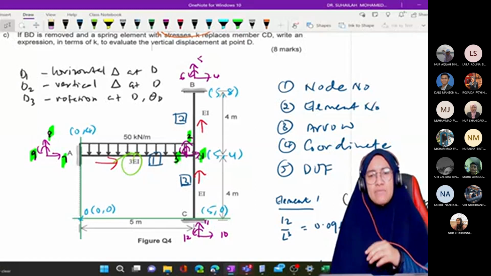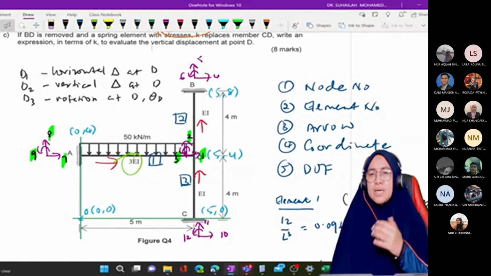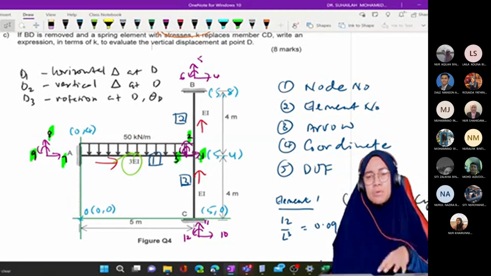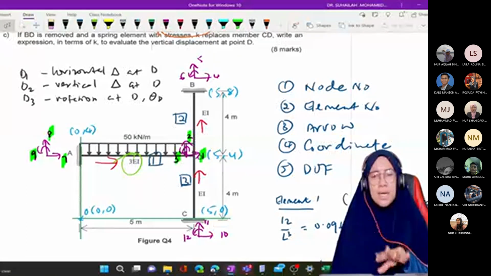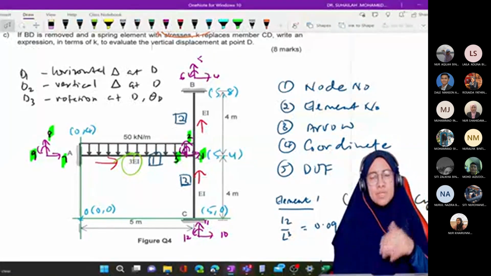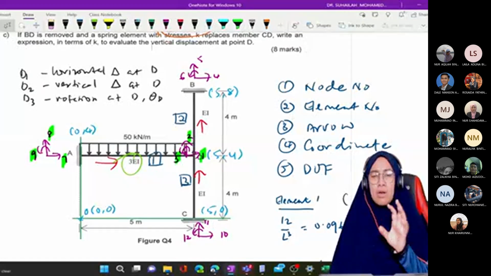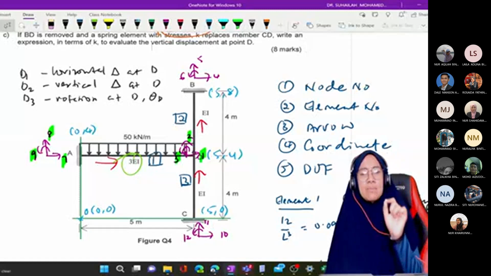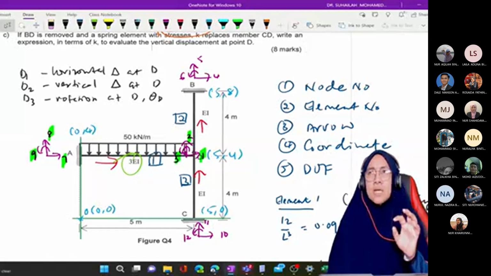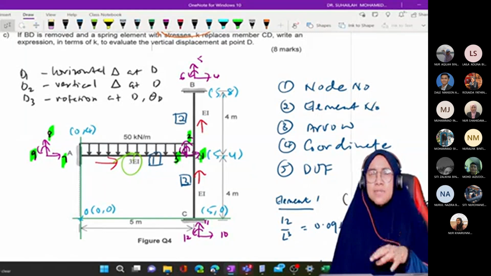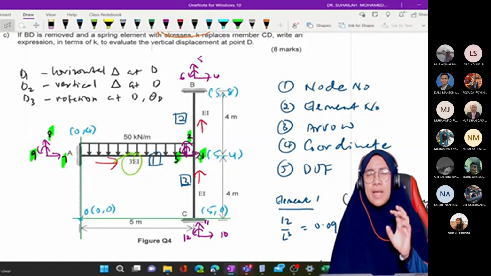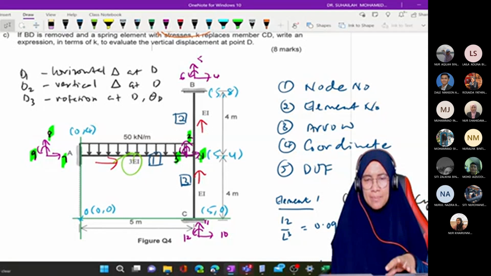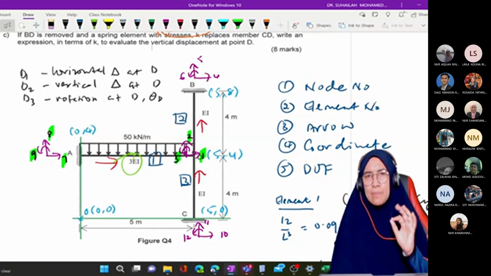Because the stiffness method is a very straightforward question. The procedure also repeats the same process. So you have to be clear on everything. Every procedure must be clear, labeling must be clear, degree of freedom must be clear. The directions I draw in the diagram in every solution are the sign convention you have to use every time you analyze beam, frame, truss using the stiffness method.